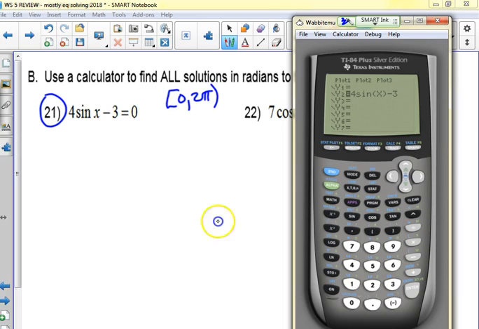You don't need the plus or minus. So when it says that, I would go to the window and just set up my window as 0 to 2 pi for x. And then I would graph, and the way we've typed it in the calculator, what are you looking for? Yeah, where it hits 0, because we typed this. So you need this 0 and this 0.